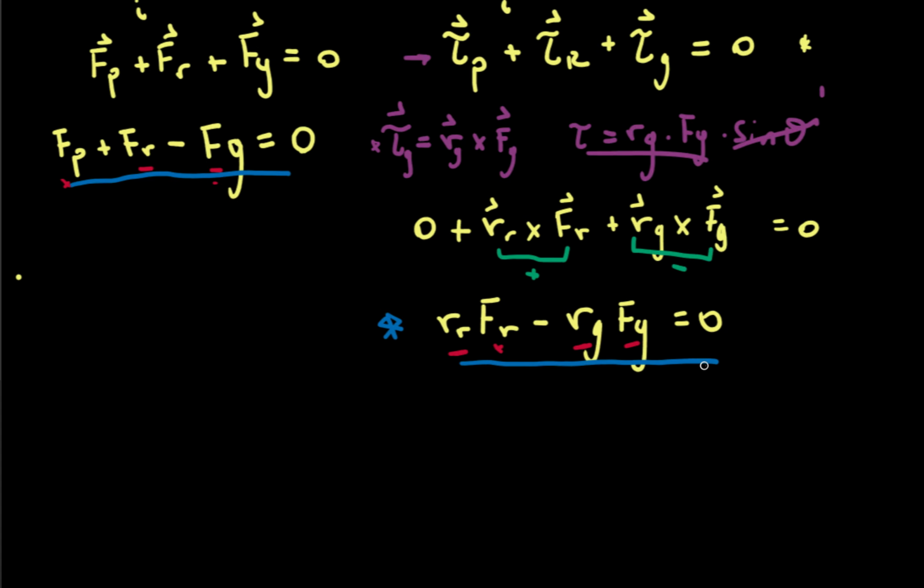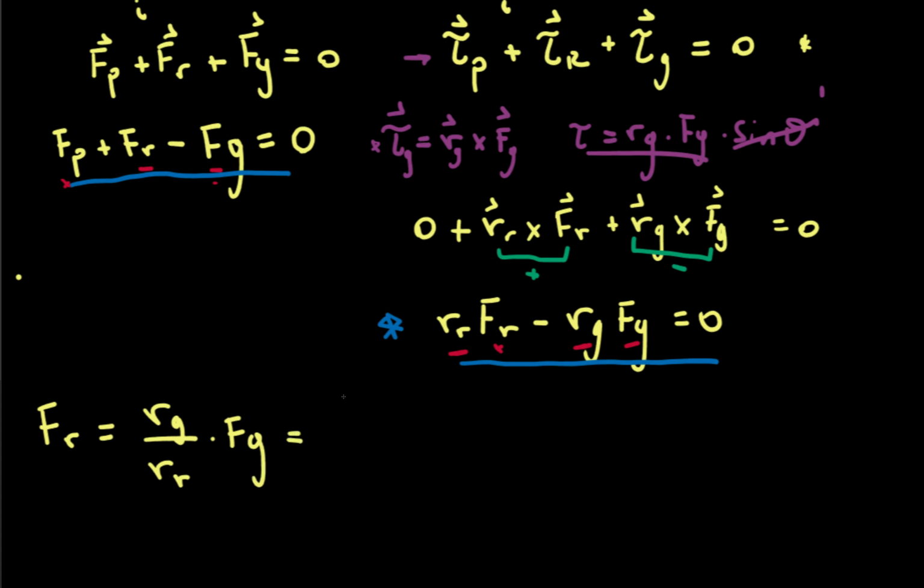When you solve this equation for F sub R, the reaction force equals the distance from the zero where the gravitational force acts, over the distance from the zero where the reaction force acts, multiplied by the force of gravity.